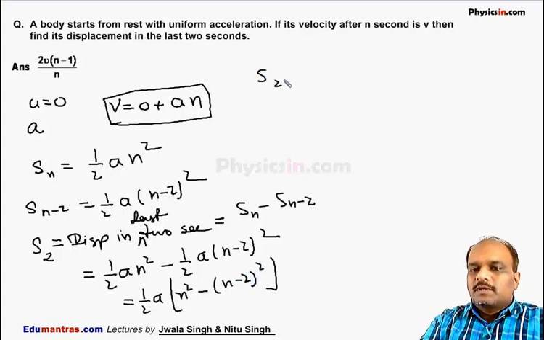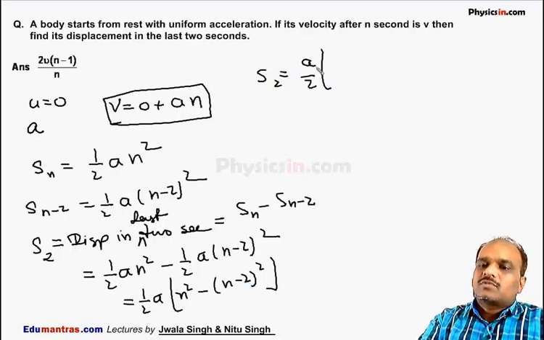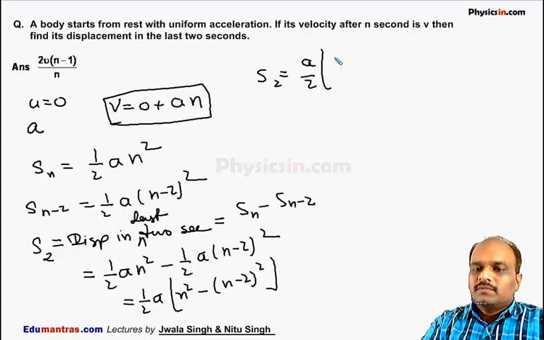So S2 comes out to be a by 2 into, this is a square minus b square, so it is a plus b into a minus b, where a plus b is 2n minus 2 and a minus b comes out to be only 2.